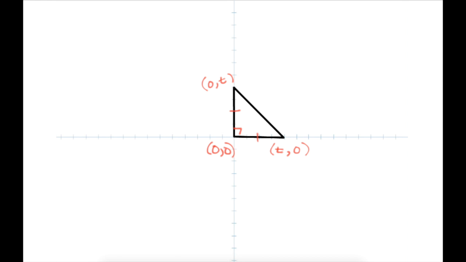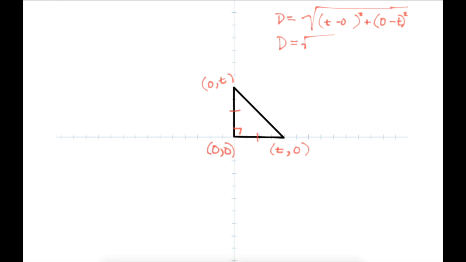Then we want to find the length of the hypotenuse and the coordinates of its midpoint. We know how to find both of those because we have a distance formula, which we can use to find the length of our hypotenuse using the two points at the end. So we'd have t minus 0 squared and 0 minus t squared. Now t minus 0 is just t.